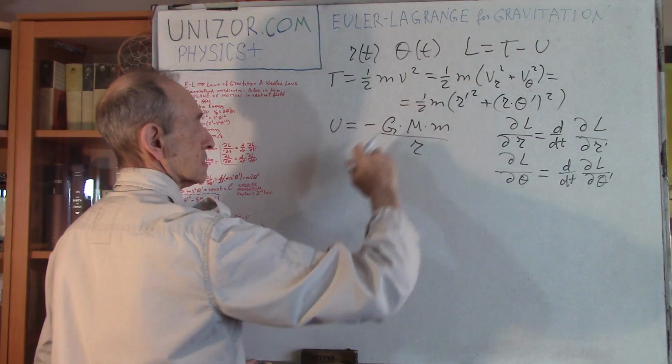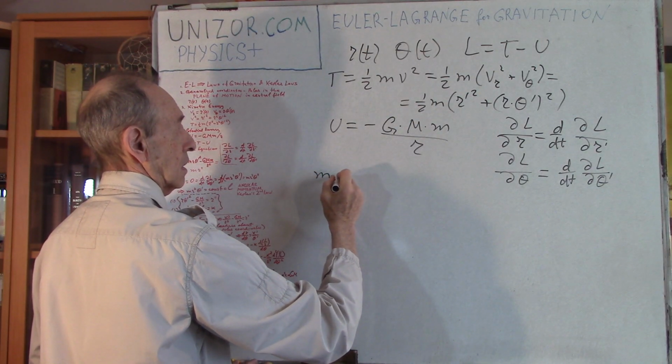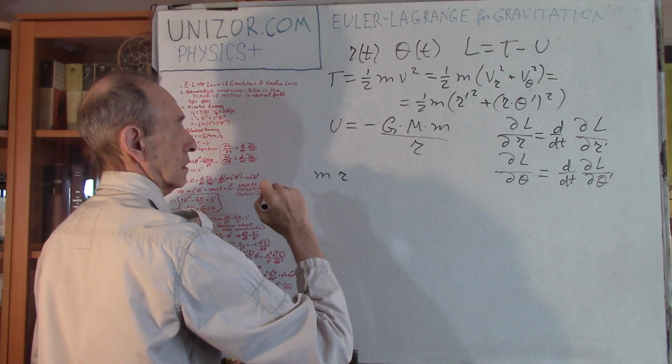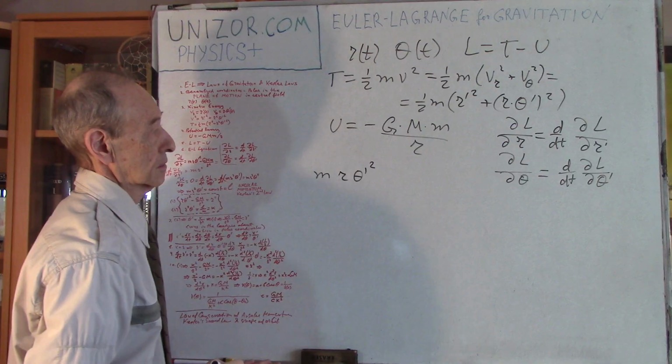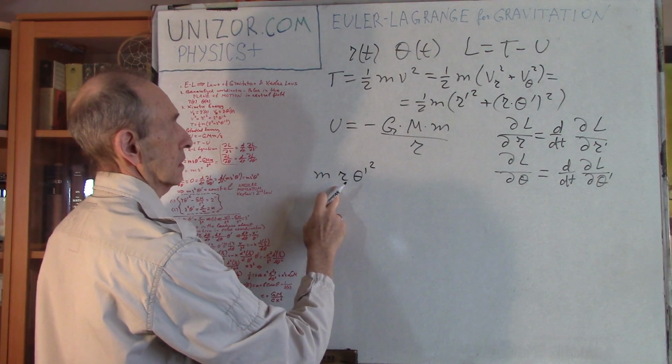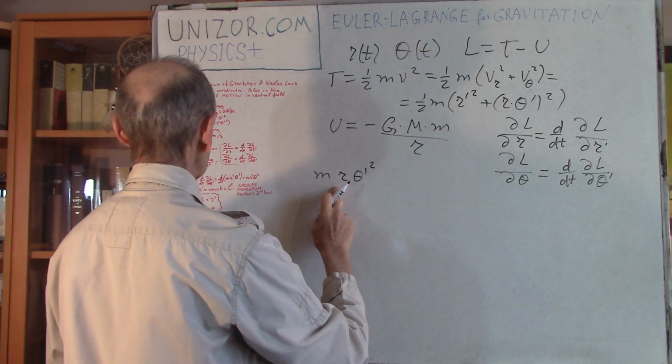The 2 will cancel the 2, so we will have m r theta prime squared. That's from the kinetic energy by R. All right? I'm checking myself.